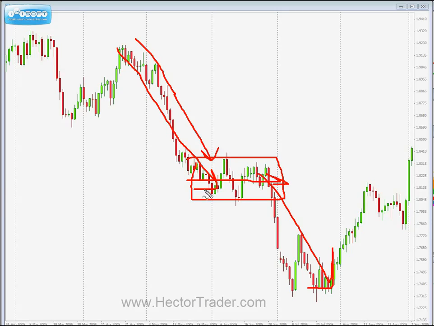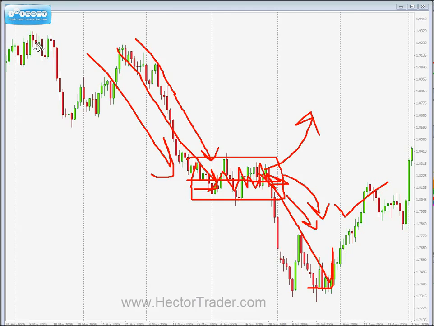Okay, the market needs to reassess the situation before breaking out in either direction. I would only take the ones that break in the direction of the overall market sentiment, which in this case is clearly down.